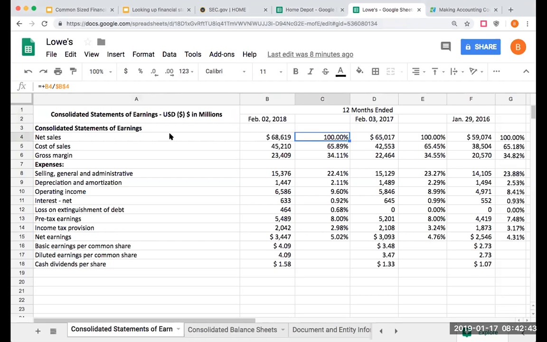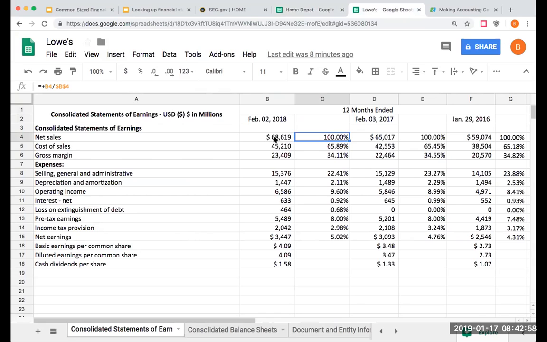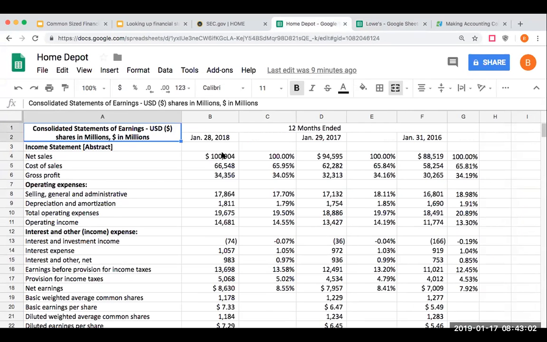So I'm taking here their net sales and making it a percentage. When I go over and look at, say, Home Depot, even though the numbers are different, for Lowe's right here, their total net sales was $68 billion. And here for Home Depot, their total sales was $100 billion.